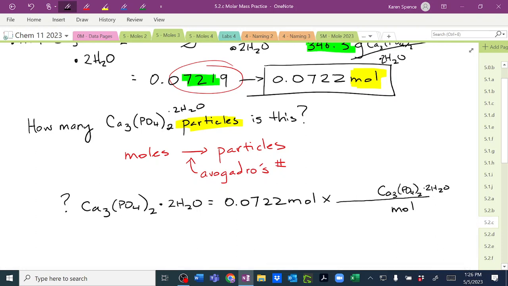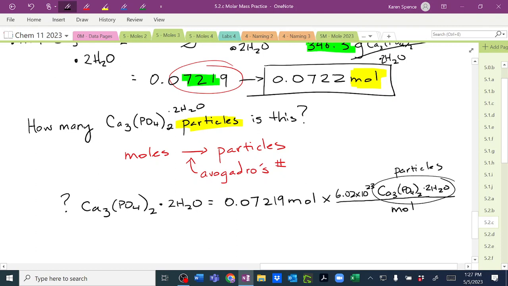What number goes with the mole? Sorry, yes. I'm using the unrounded number, yes. So let's go with 19 there. So what number goes with the particles? Avogadro's number, 6.02 times 10 to the 23.